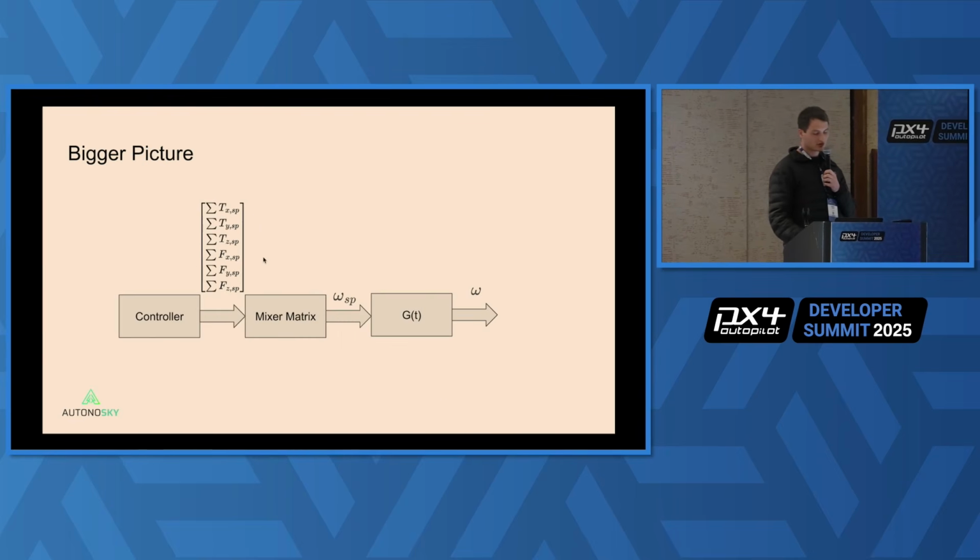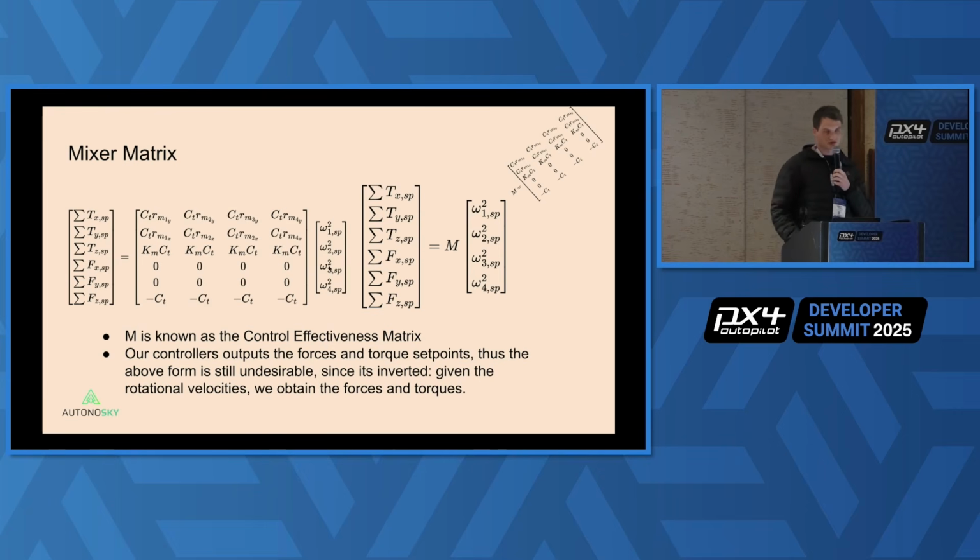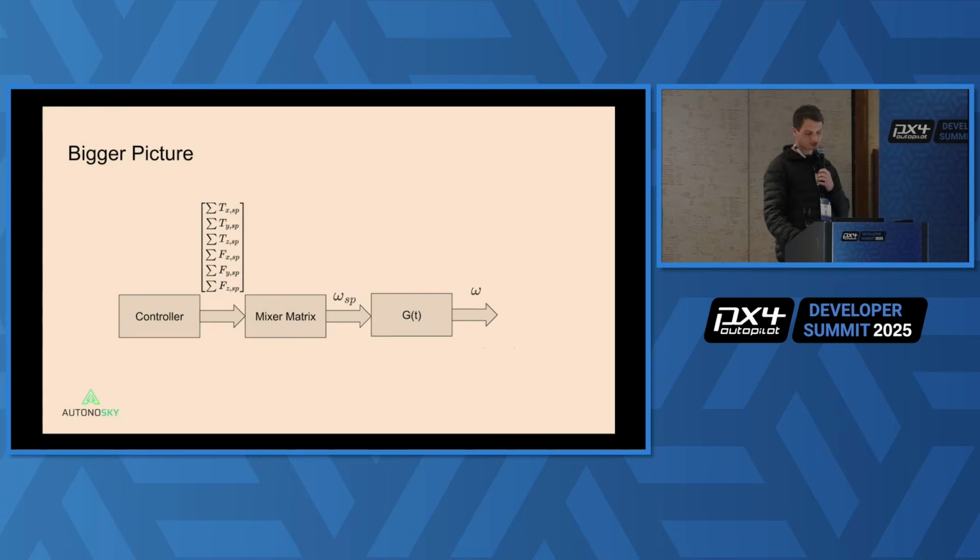So to remind you, our controllers output these torque and thrust setpoints, which are then the input to our mixer matrix, whereas in this equation here, we have our input as the normalized rotational velocities of our motors. So we need to invert this equation.